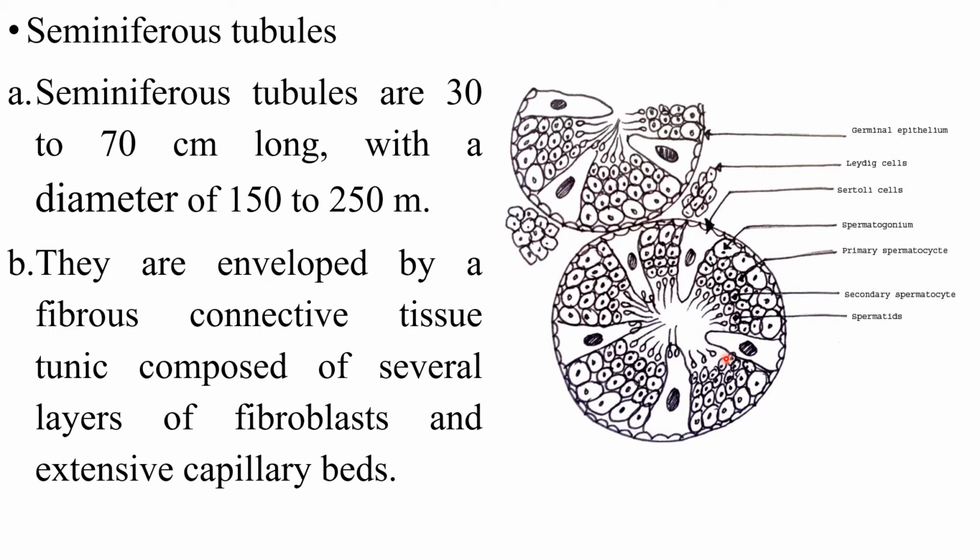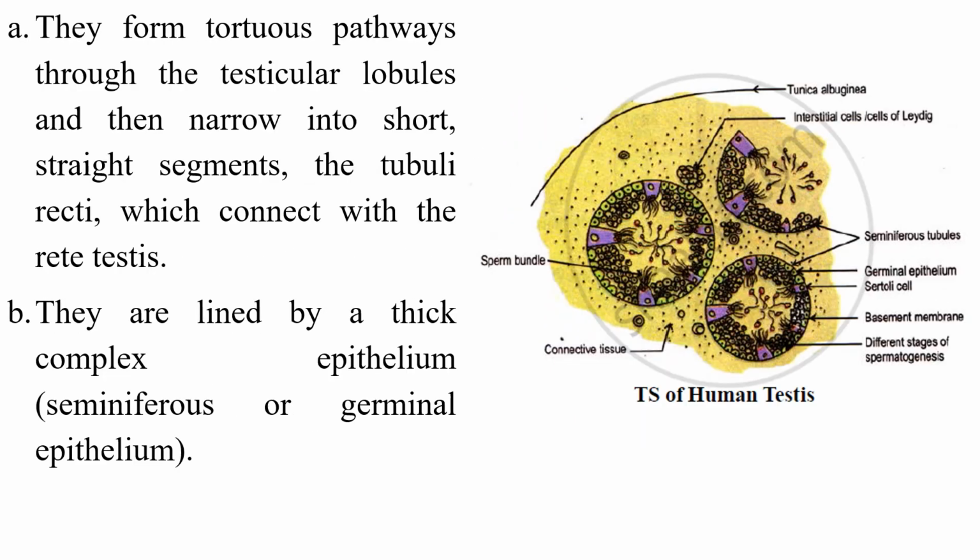They are enveloped by a fibrous connective tissue or tunic composed of several layers of fibroblasts and extensive capillary beds. They form tortuous pathways through the testicular lobules and then narrow into short straight segments, the tubuli recti, which connect with the rete testis.